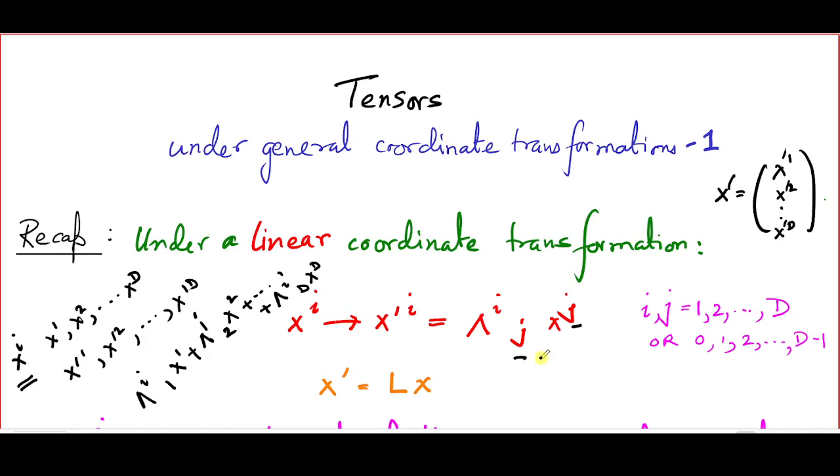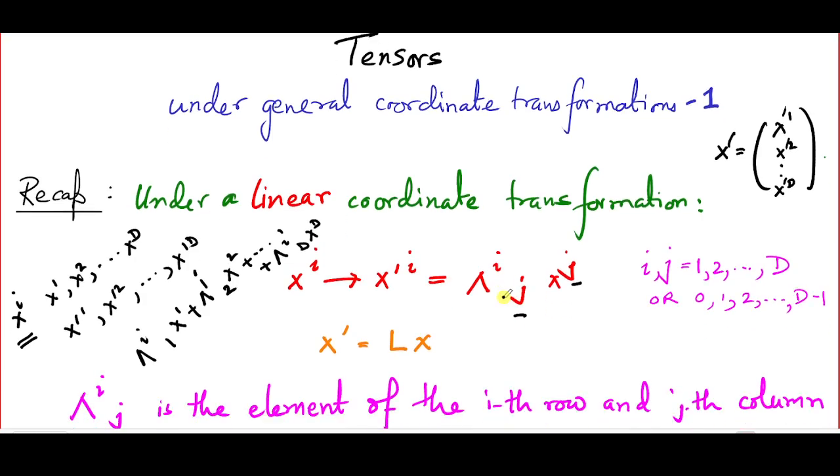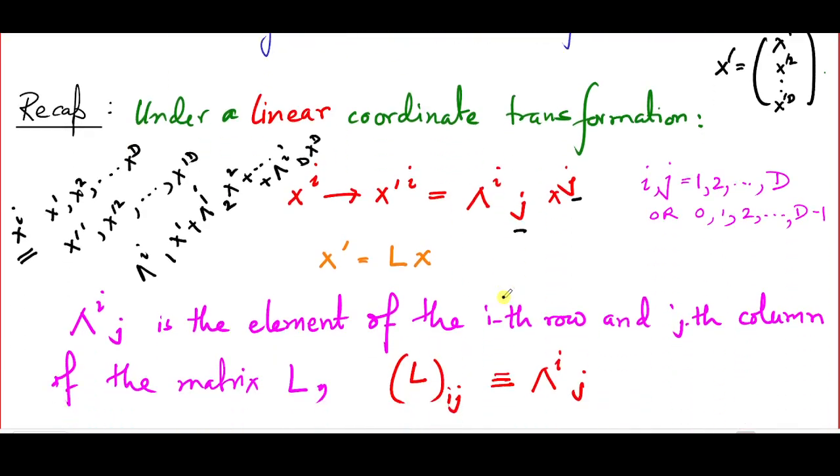So here it's obvious that L, this matrix, has as its ith row jth column element this number lambda ij. So lambda ij is the element in the ith row and the jth column of the matrix L. So if we were using standard old matrix notation, we might write Lij with I and j both downstairs. What we choose to write is lambda with I upstairs, j downstairs.